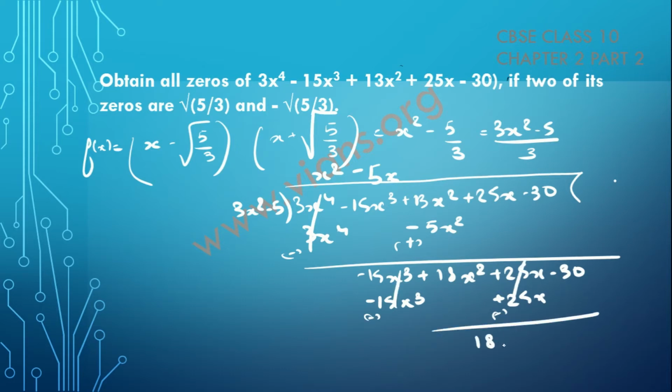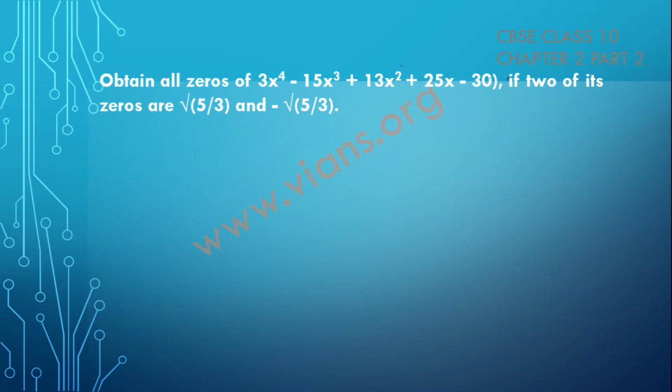You have 18x square minus 30, and 3 6s are 18 will give you 18x square minus 6 5s are 30, reverse sign, this will give you 0, right? So you know that x square minus 5x plus 6 is a factor of this particular number, right? So now let's solve for x square minus 5x plus 6 is equal to 0.